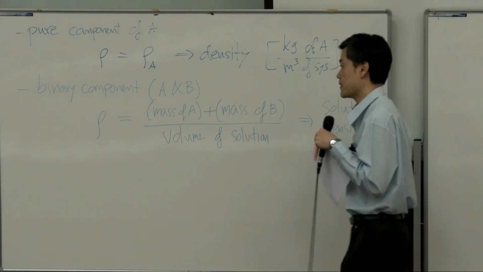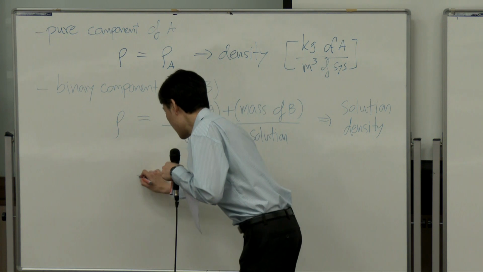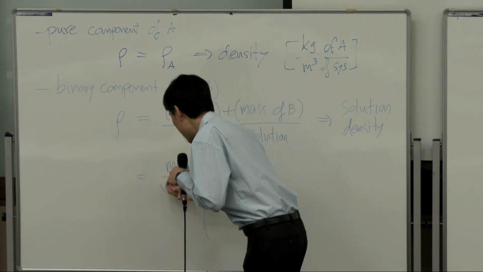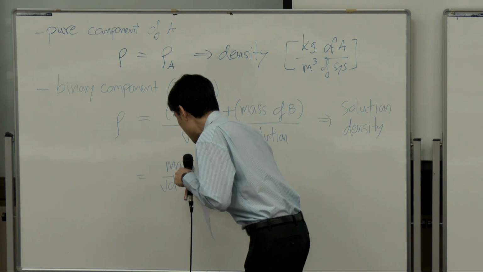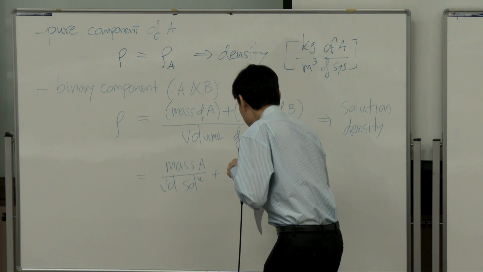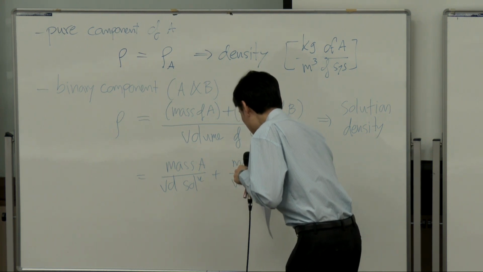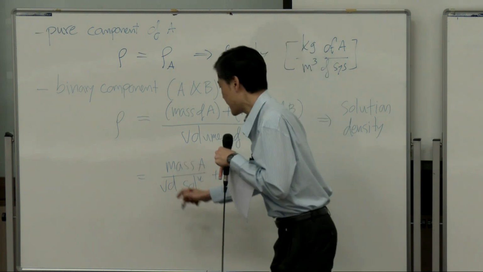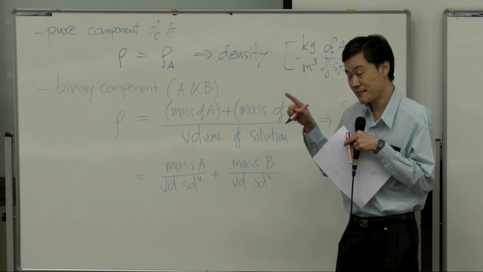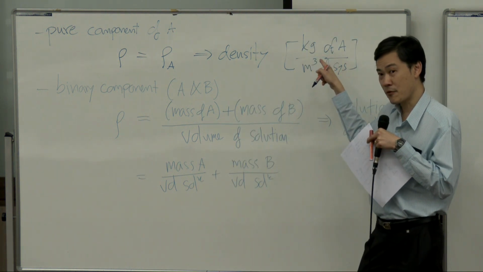Okay? Now if I split this into two terms, I will get mass of A divided by volume of the solution plus mass of B divided by the same volume of the whole solution. The first term is very similar to this part for a pure component.